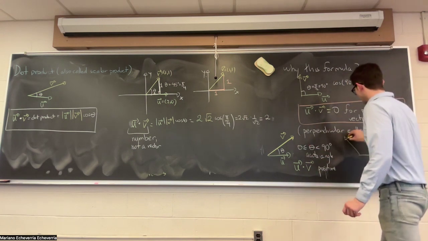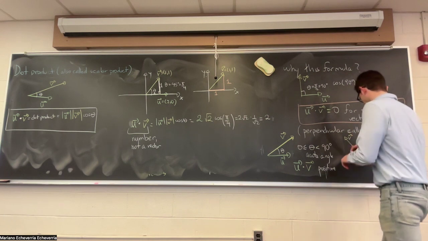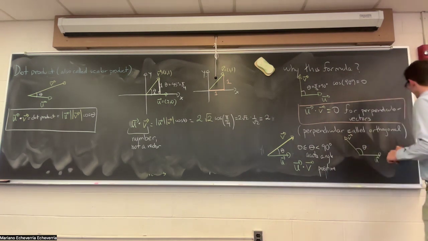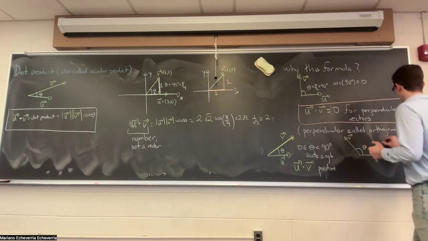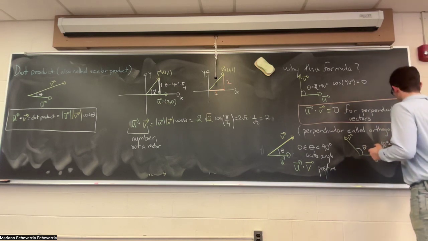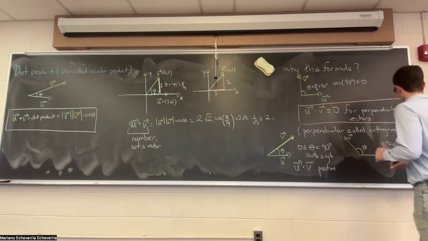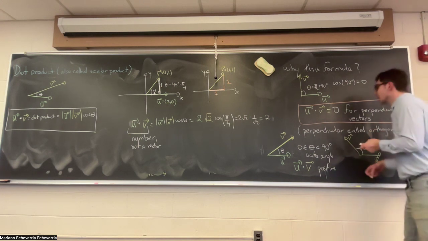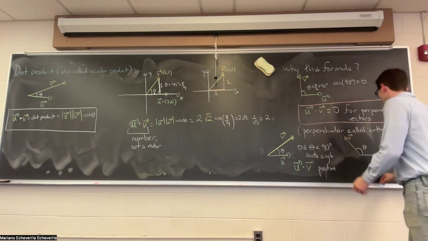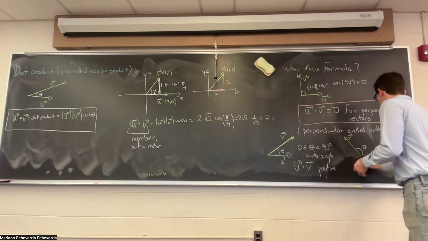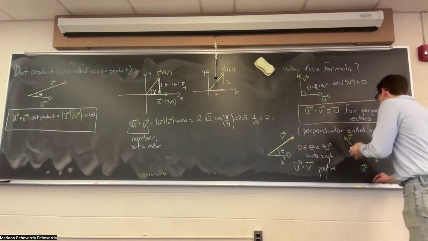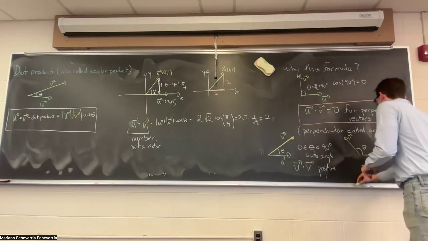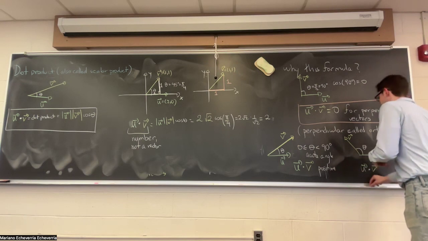This is called obtuse. When the angle is between 90 and 180, cosine is negative for those values, so the dot product will be negative. So from the sign of the dot product, you can figure out whether the angle is less than 90, more than 90, or exactly 90 degrees.